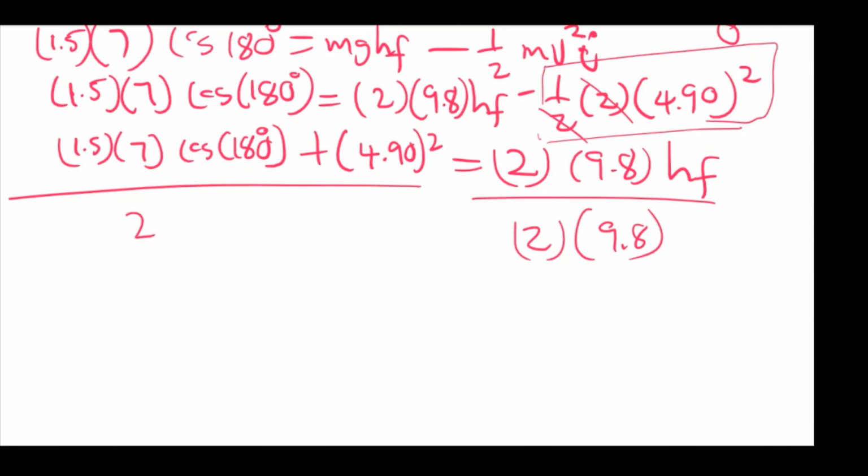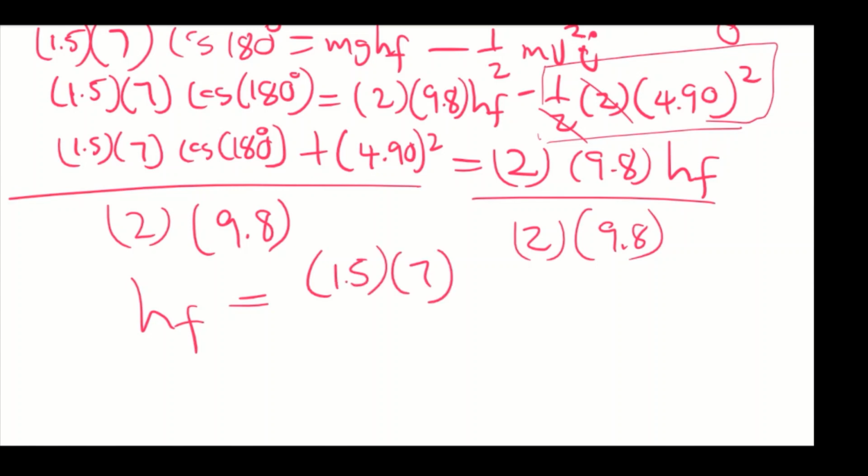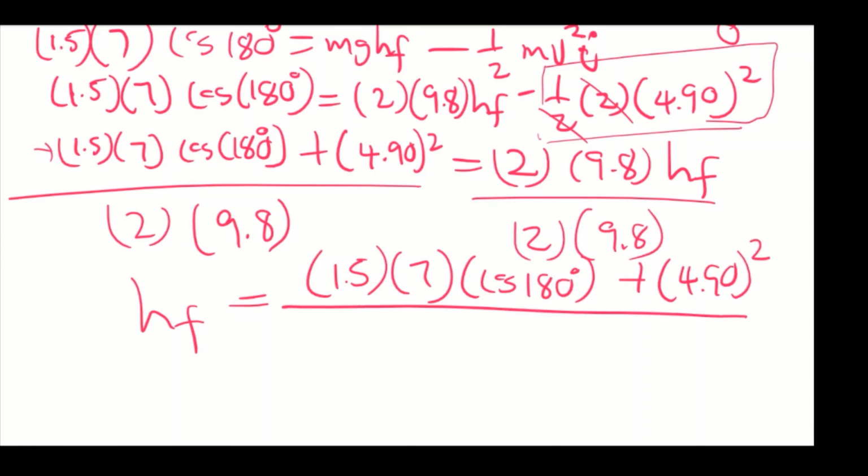See that I didn't write my answer as yet because I want to avoid rounding off poorly. So I'm just going to write this. It's just going to be cos of 180 degrees plus 4.90 squared divided by 2 times 9.8, right?